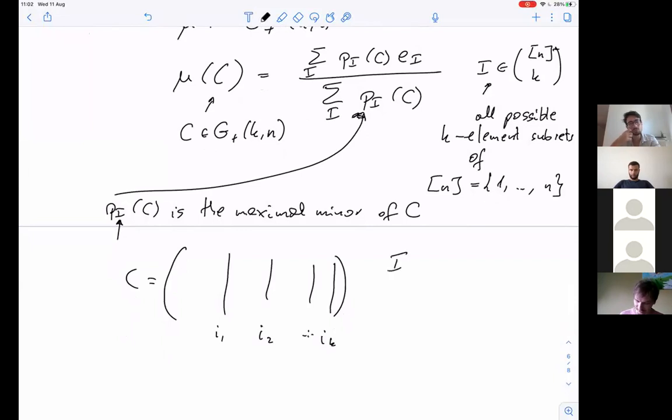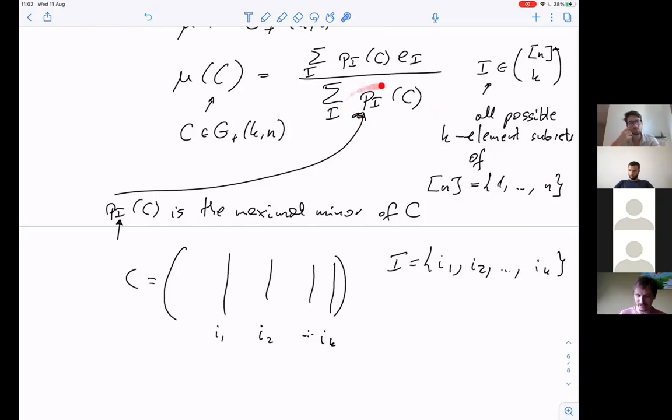So I take all possible k element subsets of the set with n elements, and these give me all possible maximal minors.